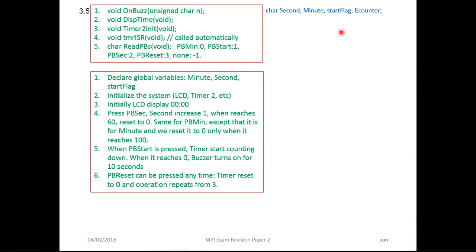Next, we initialize the system. This is the first thing to run in the main program. Here we initialize the LCD and timer2. Once timer2init is called, interrupts will occur regularly every 20 milliseconds, and so will TMR2ISR.